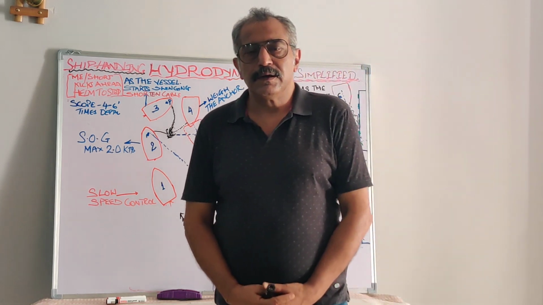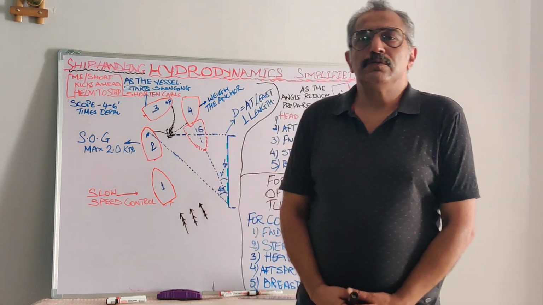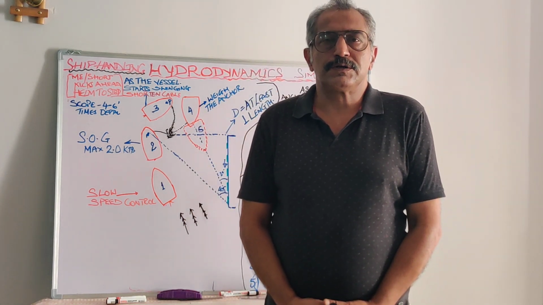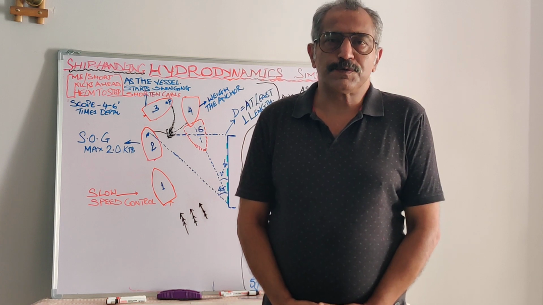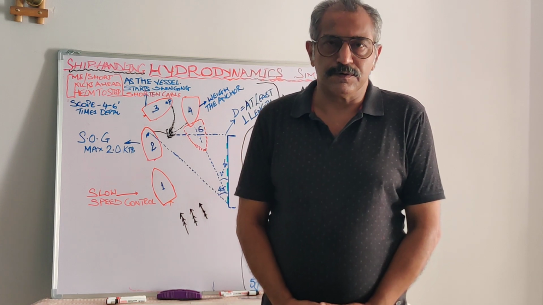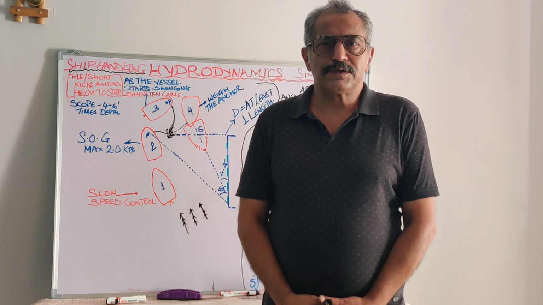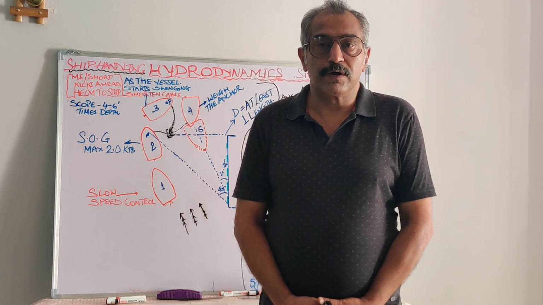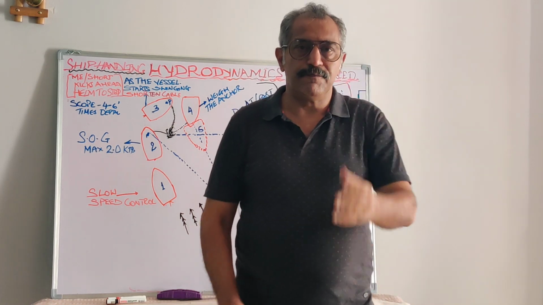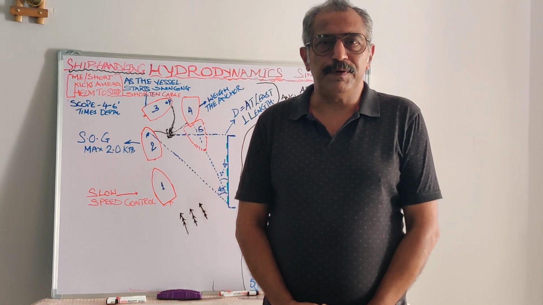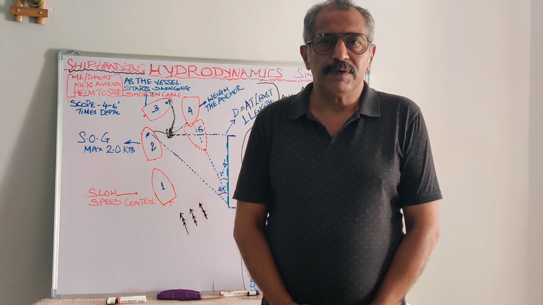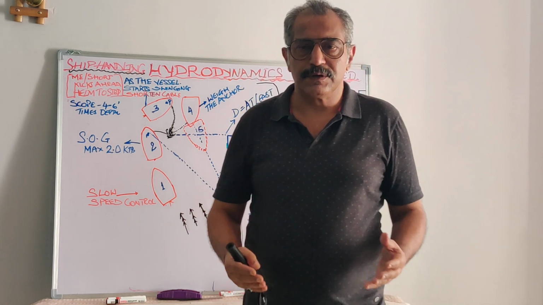Before I do that, from the old school thoughts, or from what we have been taught, slow speed control is the best control. I've come across many video clips and I've done a few incident investigations as well, where the speed was not in control. See what happens.